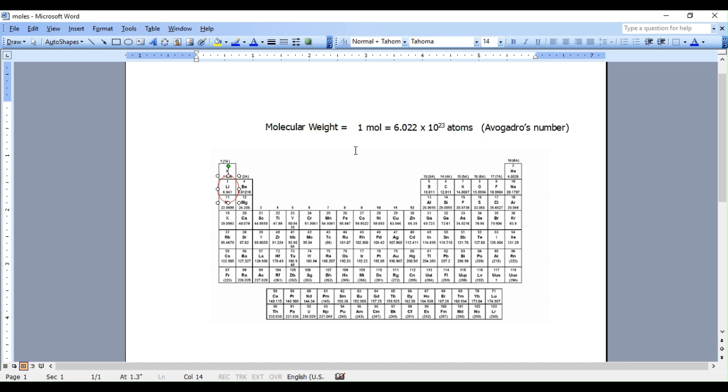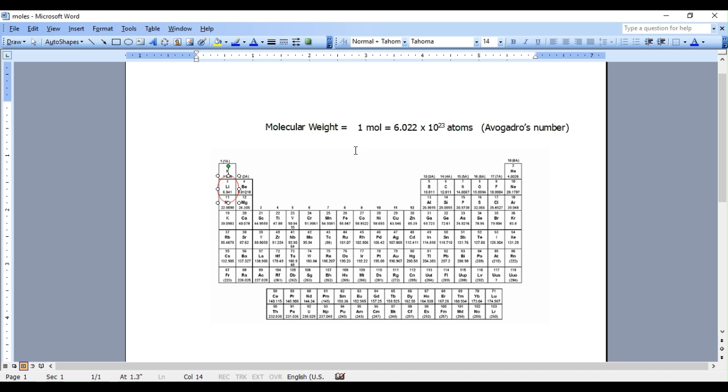So 6.941 grams of lithium is 1 mole. 9.012 grams of beryllium is 1 mole. 24.305 grams of magnesium, Mg, is 1 mole of magnesium atoms. So a mole is equal to the molecular weight in grams below the element. The number underneath the letters, that many grams is 1 mole.